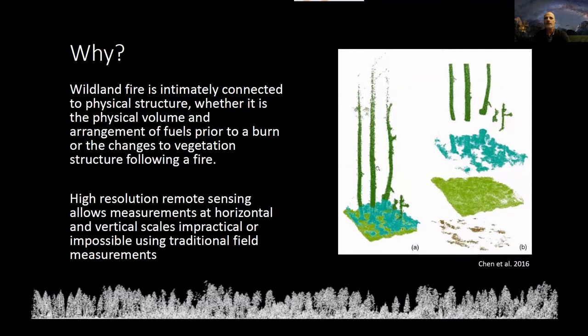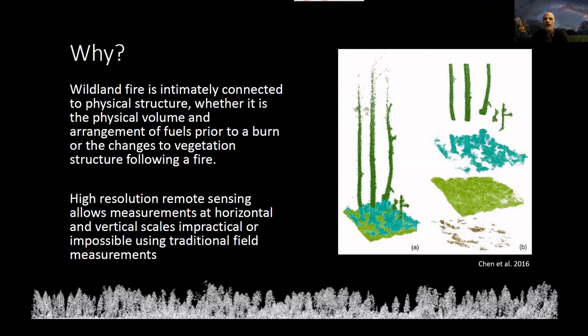So why do this? It's basically that wildland fire is intimately connected to the physical structure, and that's what these 3D measurements measure. They measure the physical structure. There's not the information in this data, for example, to do species identification.